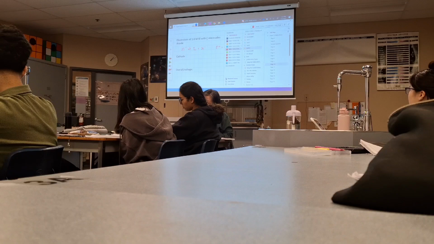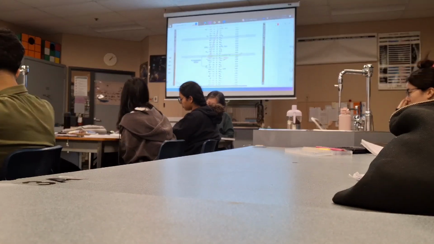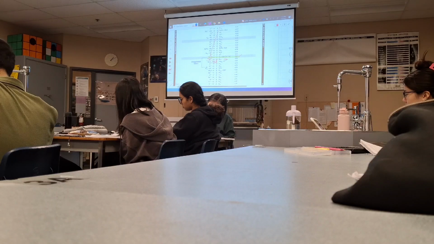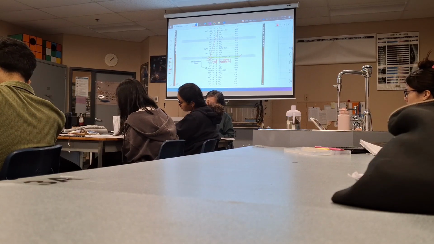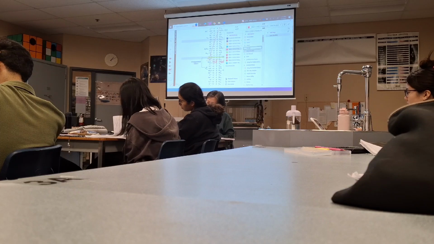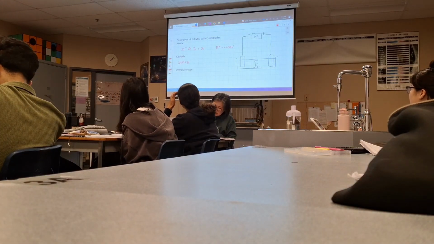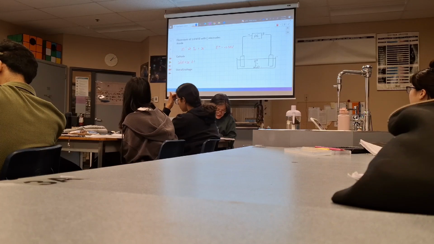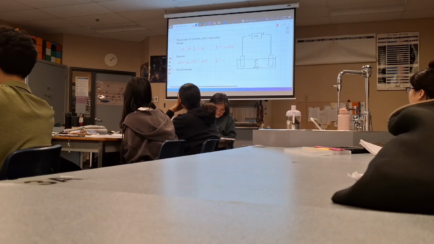Now if I take a look at my cathode, which is over here, this one is reduction, so this is my water that is getting reduced. So I'm going to go back in here, and I've got 2H₂O plus 2 electrons, giving me H₂ plus 2OH⁻, and my E° over here is going to be negative 0.41 volts.